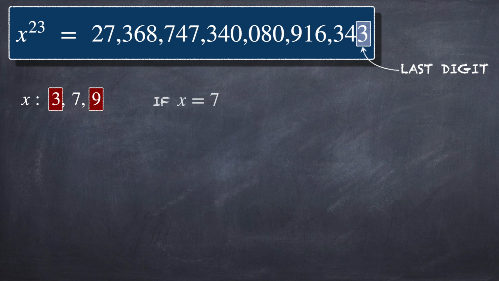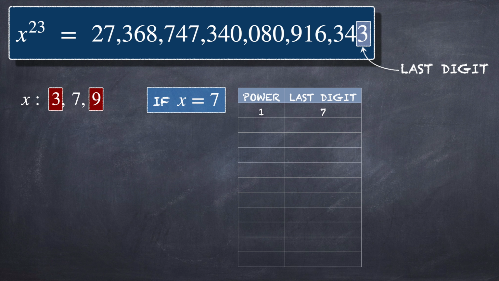So now let's verify if 7 is the solution. Again, the same method. 7 to the power of 1 is 7, so the last digit is 7. 7 to the power of 2 is 49, so the last digit is 9. The next one will be 9 times 7, which is 63, so the last digit is 3.